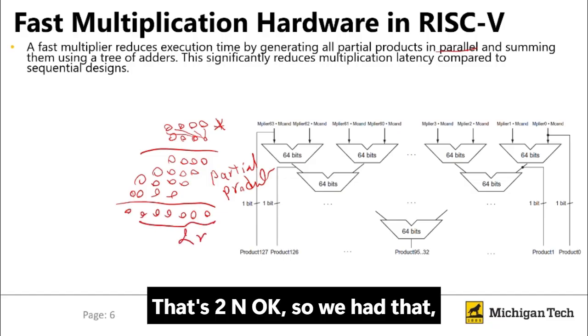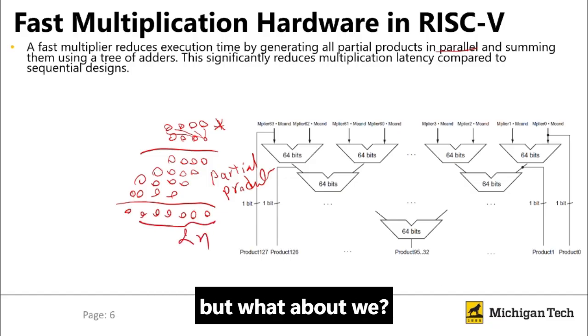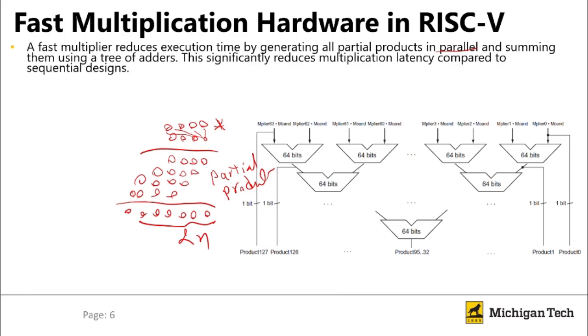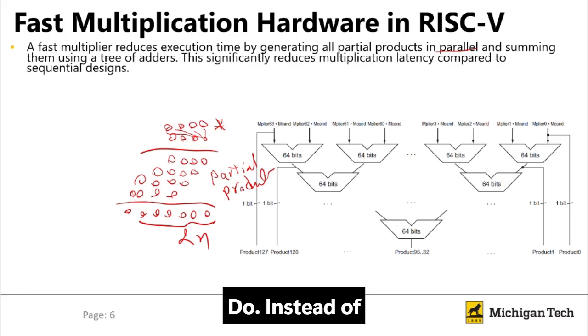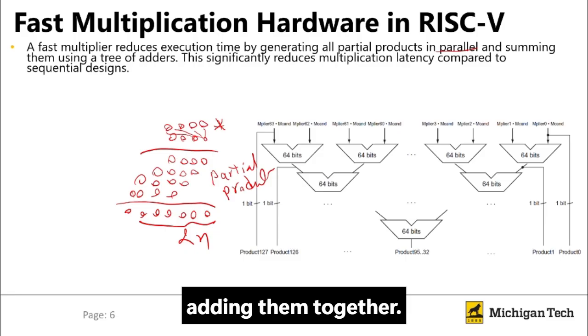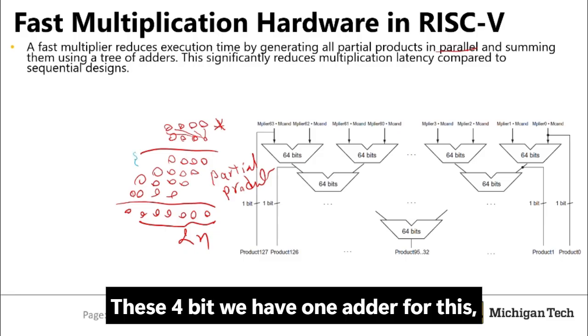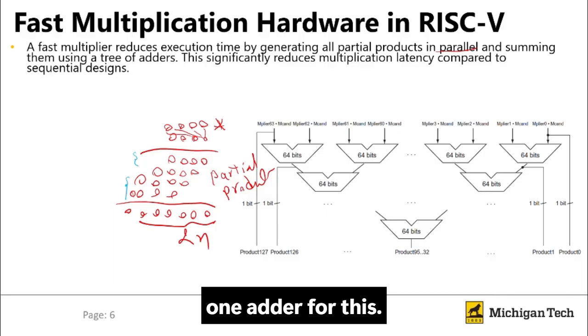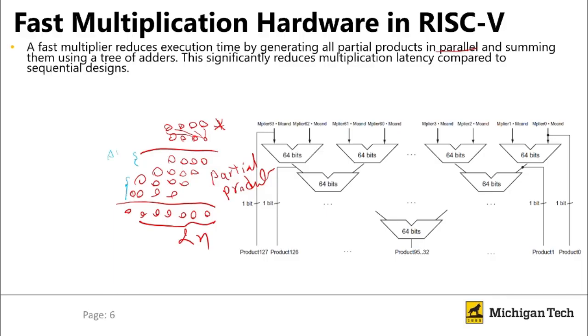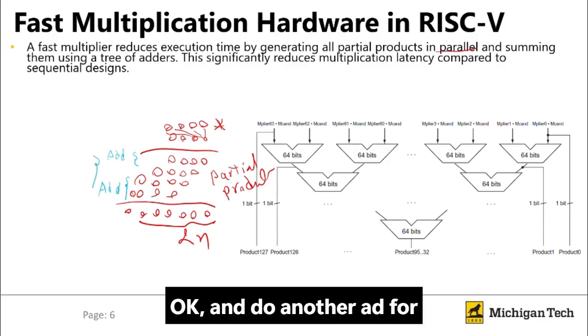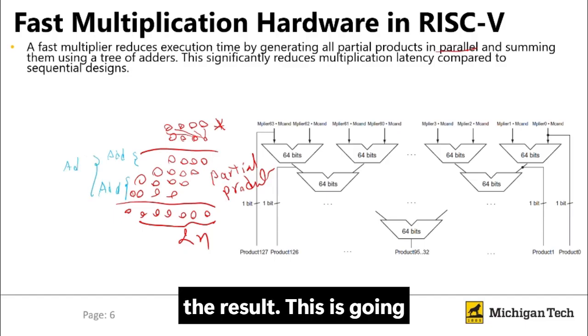That's 2n. Okay, so we had that. But what if, instead of adding them all together, in this 4-bit case, we have one adder for this, one adder for this, and do another add for the result.